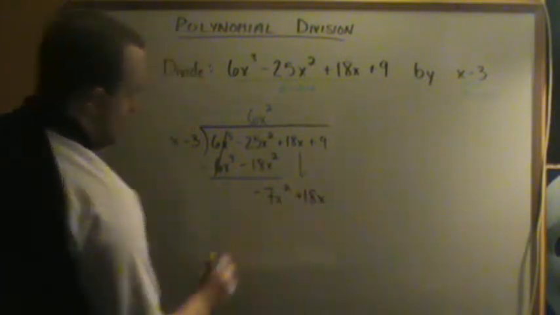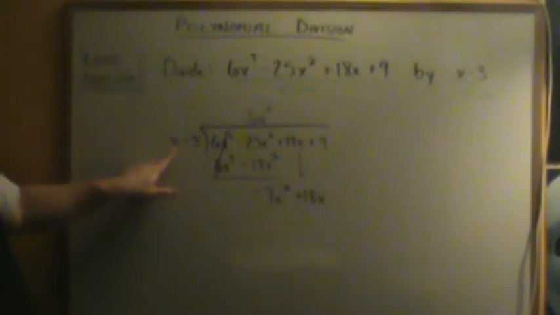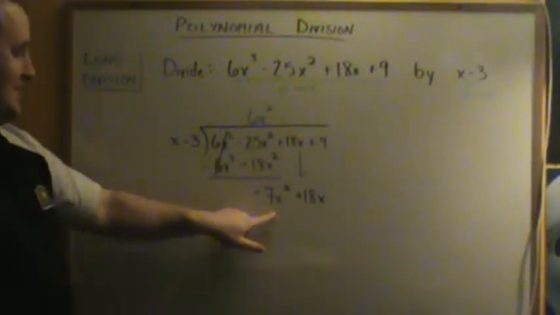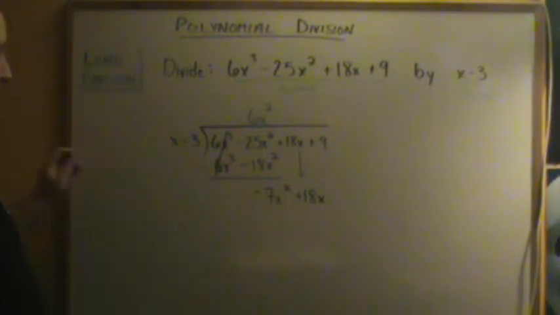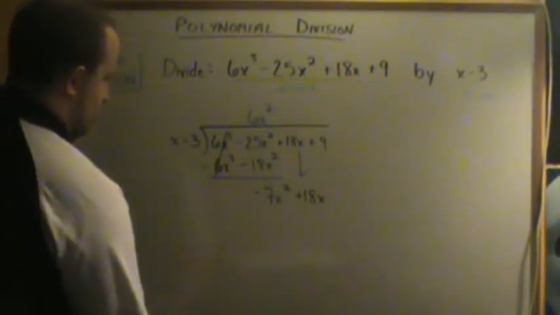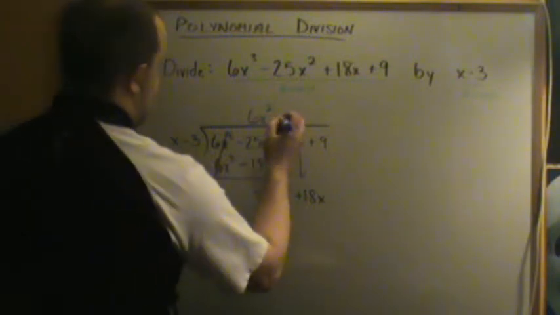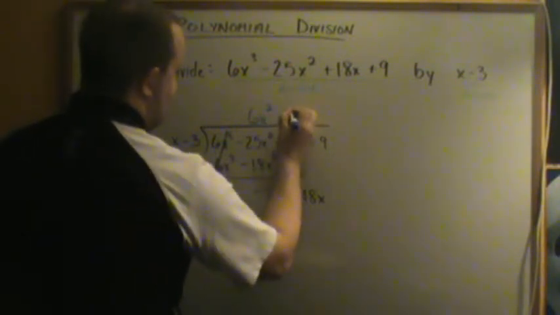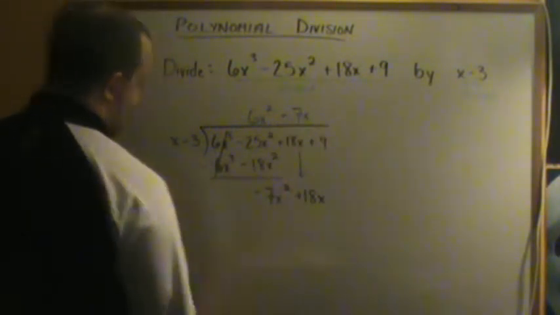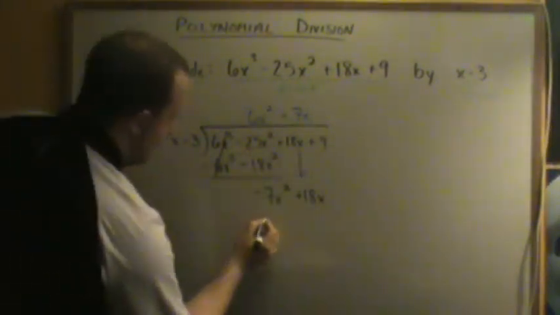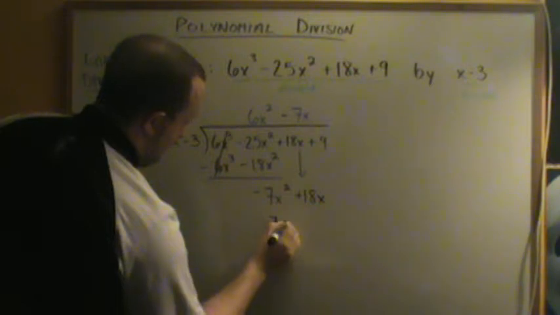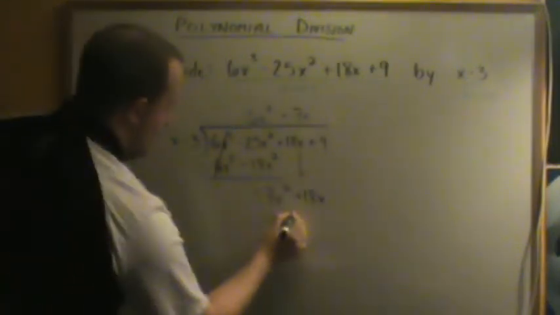And now we ask ourselves, what do we multiply x by to get negative 7x squared? Well, if we multiply x by negative 7x, we will get negative 7x squared. So we'll go 6x squared minus 7x. So negative 7x times x is negative 7x squared.